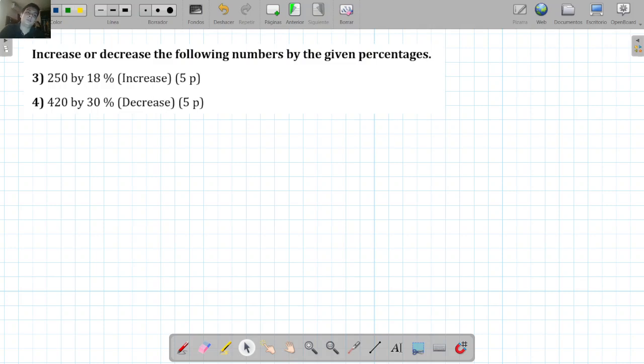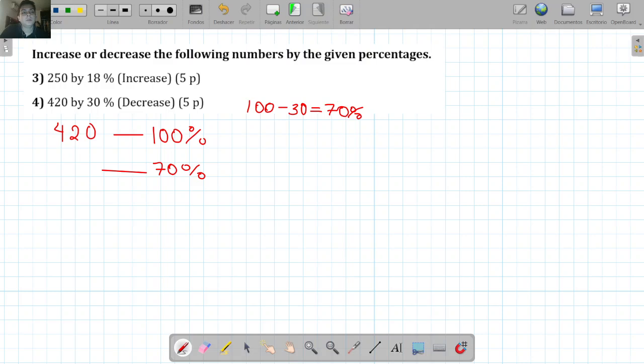So we have 420 that represents the 100%, but we need to decrease it. So if we want to decrease it, we are going to subtract, we are not going to add. If I subtract 100 minus 30, it's going to be the 70%. So I'm looking for the 70% here.